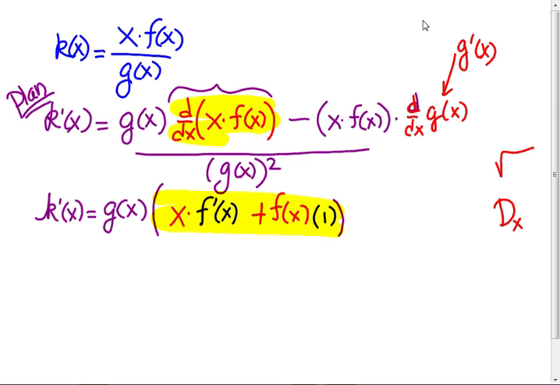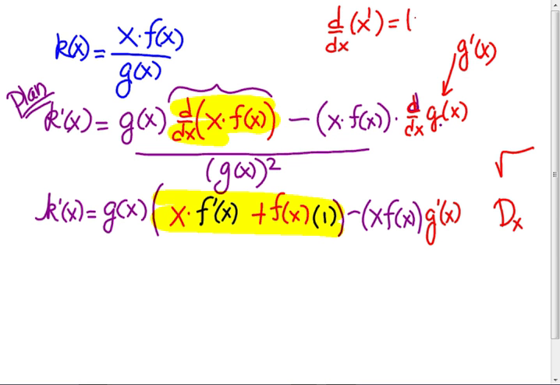I haven't finished. Oh, it's right over here. Minus f of x times the derivative of g. What's the derivative of x? Well, you could do 1 times x to the 0.